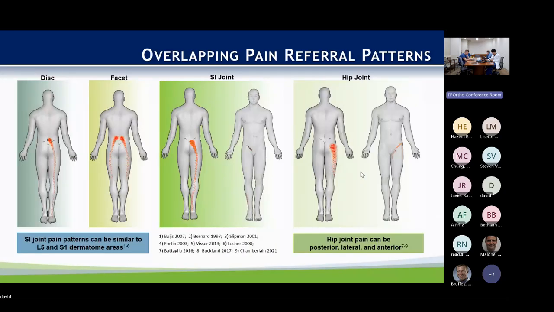And this is their collection of studies that point out the different areas where the SI joint can refer to, and there's a lot of overlap. So that's another thing to consider in an already very confusing presentation.